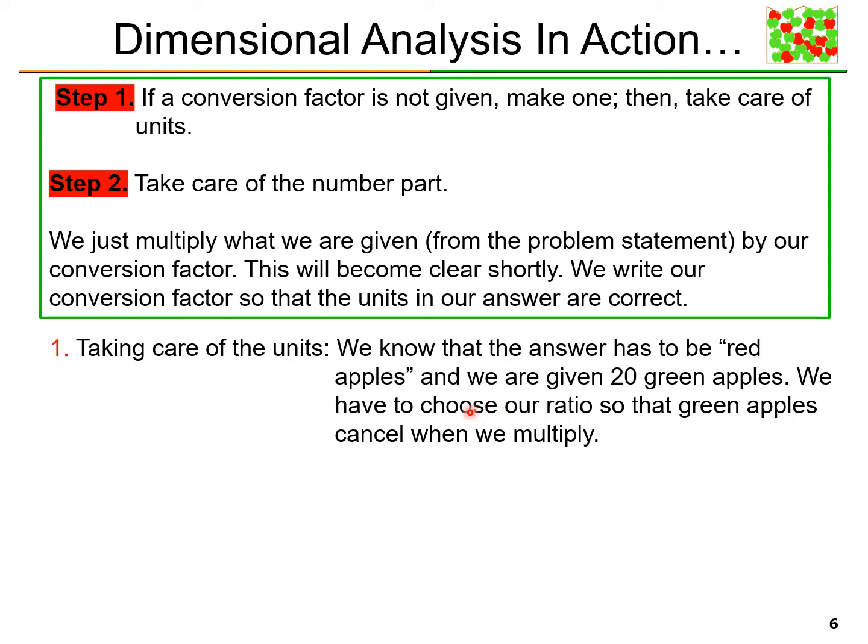So we have to choose our ratio so that green apples cancel when we multiply. This is a very crucial step right here: choosing the correct ratio of the two choices so that we have something to cancel.